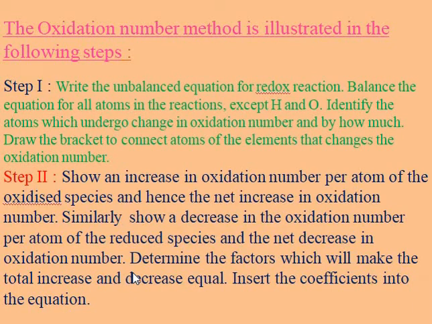Determine the factors which will make the total increase and decrease equal. Insert the coefficients into the equation. Means the increase or decrease in oxidation number for some species is first determined, and also the factors which will make the total increase and decrease of the oxidation states equal.